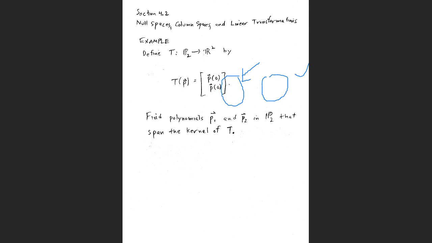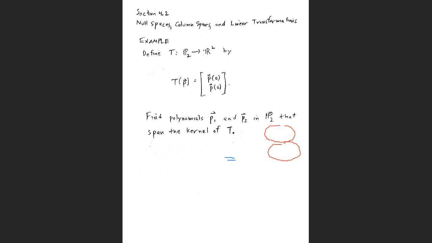It takes polynomials and maps them into vectors whose first component is the polynomial evaluated at 0, and the second component is also the polynomial evaluated at 0.